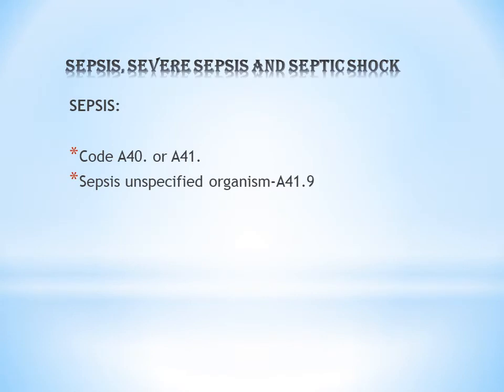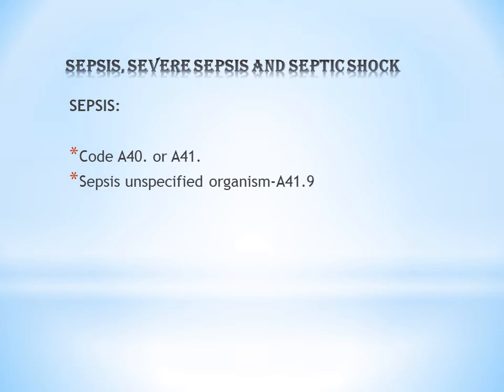In today's session, the first one is sepsis, severe sepsis and septic shock. What is sepsis? Sepsis is basically a complication of infection. The code for sepsis is the A40 series or A41 series.